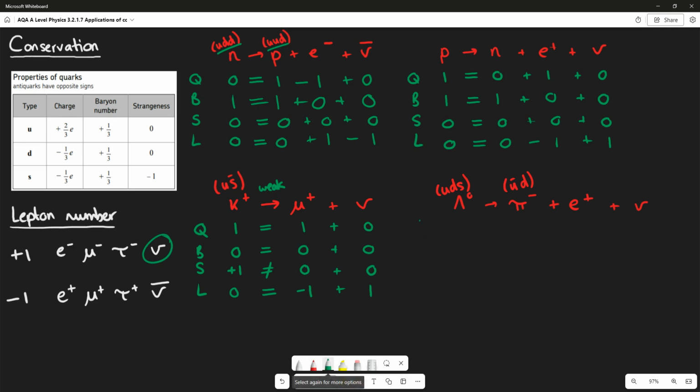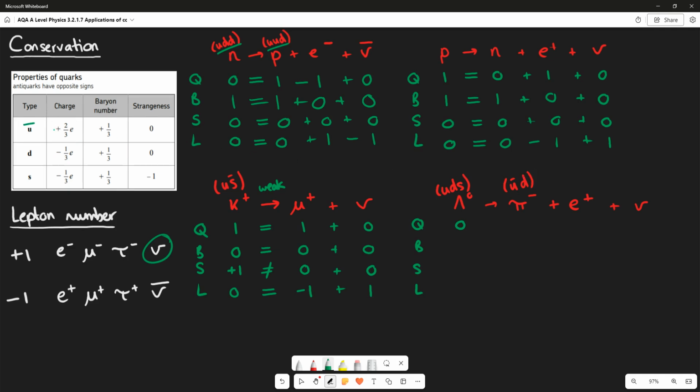Okay, so first of all we're going to do charge, then baryon number, then strangeness, then lepton number. So we've got an up, a down, and a strange. If you add all those numbers together, it cancels down to 0. We've got the pion, an anti-up and a down.